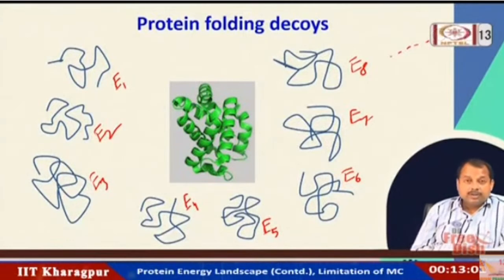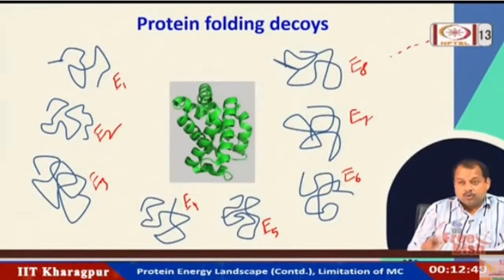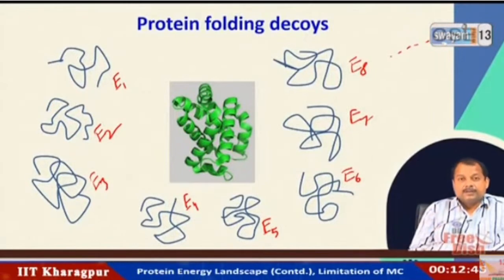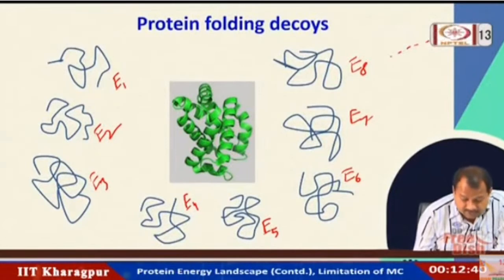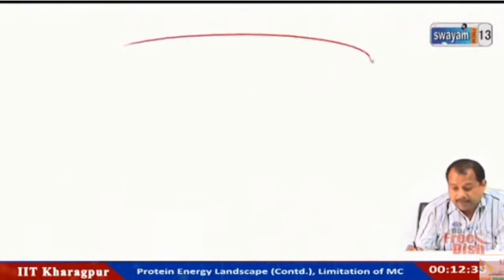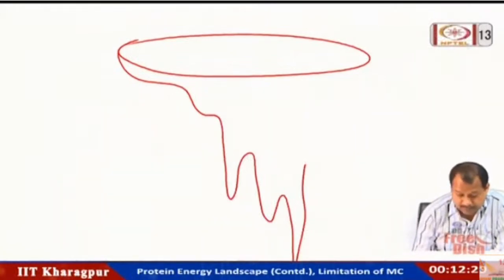I do not know where they reside in the energy landscape or folding funnel. And also I mentioned one situation where it will go to some amyloid fibrils, and I mentioned that if it reaches there then it will not be able to come back. That kind of situation is when my folding funnel will be like this.